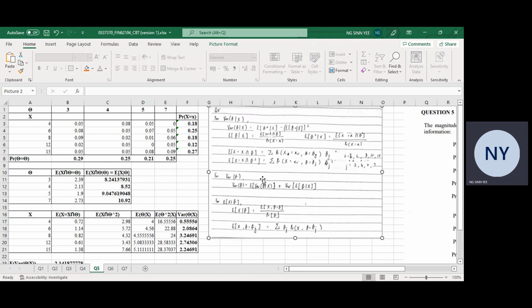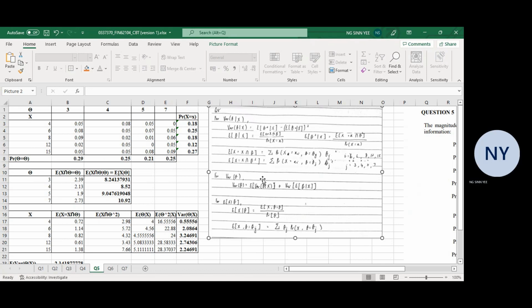The expected value of theta squared given x is similar. The only difference is that we take the joint expected value of theta squared instead of theta, with x equal to x. For this expected value, we also divide by the probability of x accordingly.